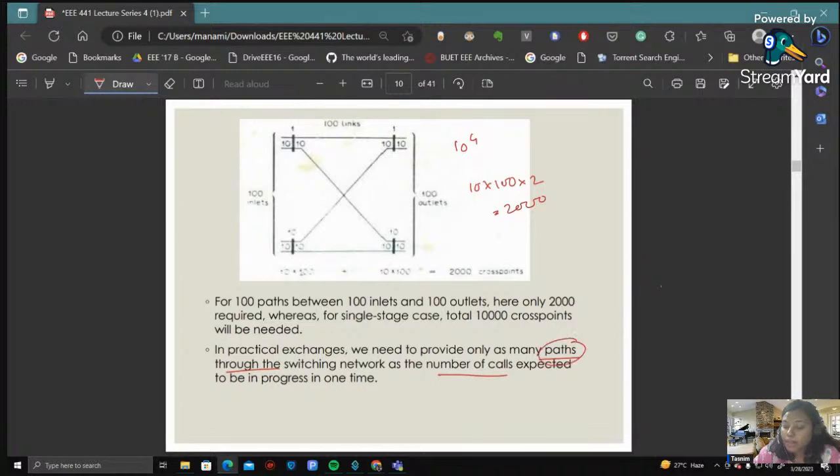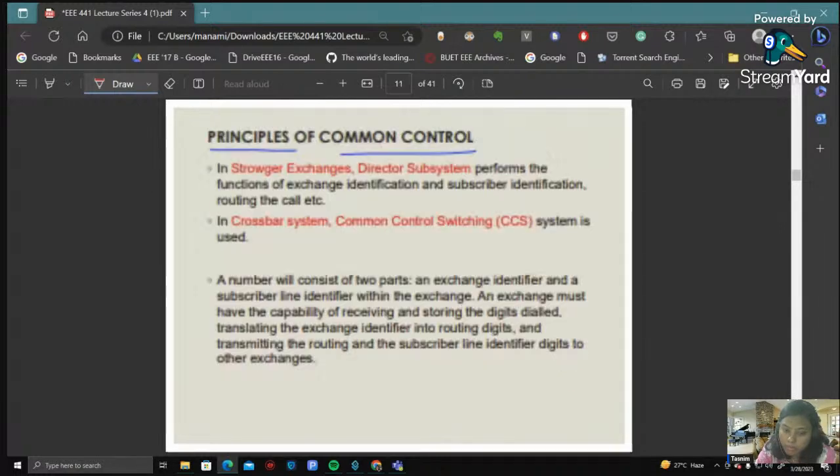So the number of paths should be essentially the max number of calls. We don't require more than this. This has to be considered when we are designing the paths and the stage communications.